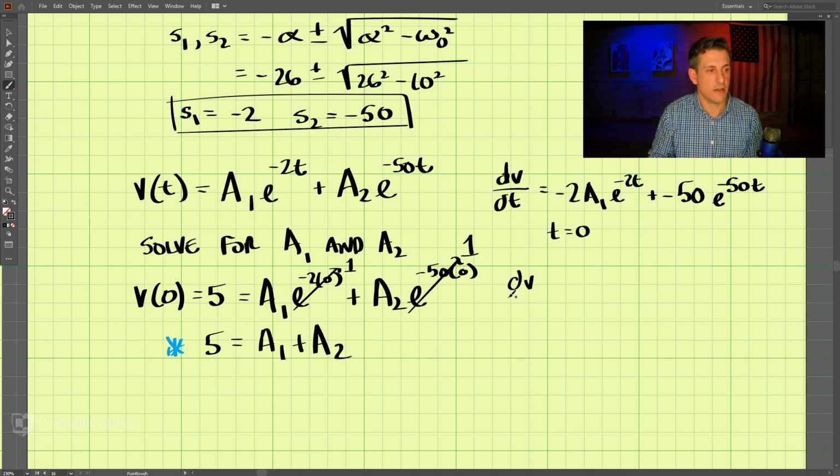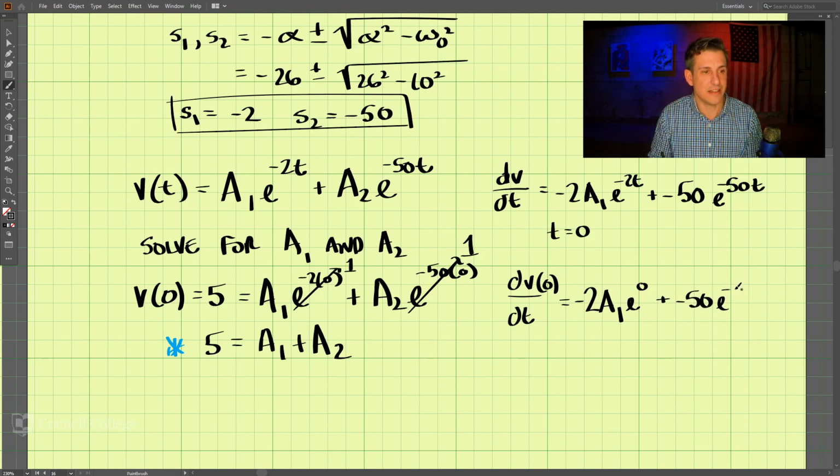So we have dV/dt at time 0 is equal to negative 2 A1 e to the 0 plus negative 50 e to the negative 50 times 0. So this is equal to negative 2 A1 minus 50. Oh, I forgot the A2. A2 is supposed to be here.